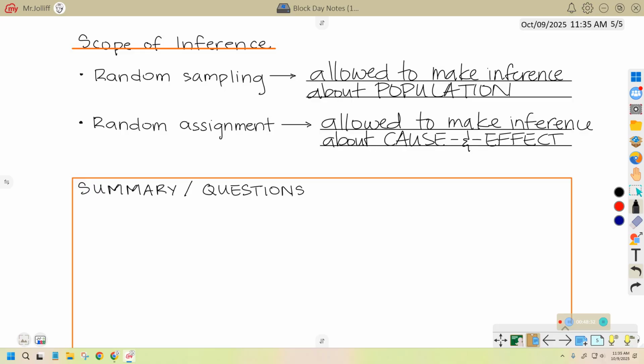Meaning if I randomly assigned my people to the sugar pill or 50 milligram treatment groups, and I saw a decrease in pain for the 50 milligram pill, I can then state that the 50 milligram pill caused the decrease in pain.